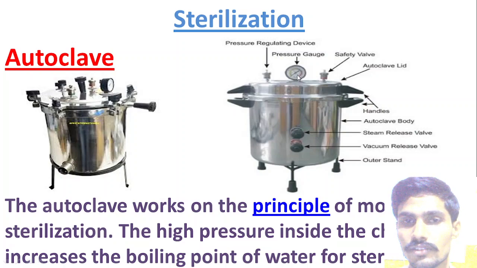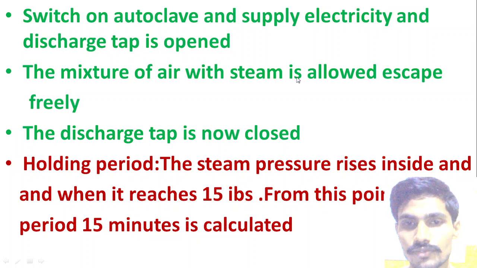When it reaches 15 lbs, what can you do? From this point, the holding period of 15 minutes is calculated. When it reaches 15 lbs pressure, from that point we have to calculate the holding time. That should be 15 minutes. You should keep it.